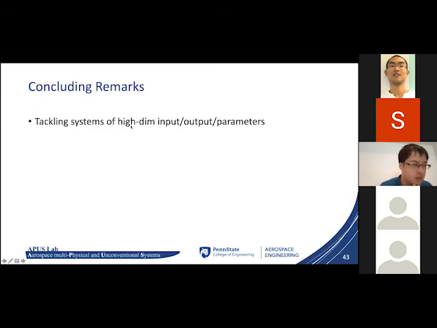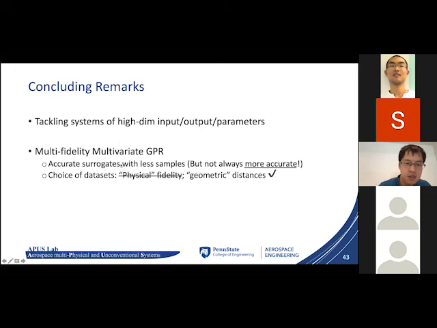So now, concluding remarks. Today we are mainly talking about how we tackle systems of high-dimensional input, output, or design parameters. To do this, we propose some different surrogate or reduced order modeling methods. One is this M2 GPR, where there are two key takeaways.